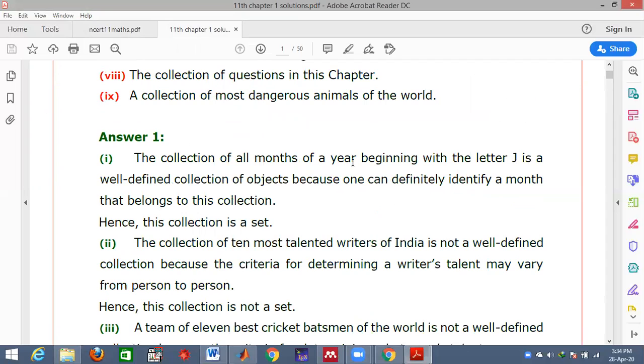The collection of all months of a year beginning with letter J is a well-defined collection of objects because one can definitely identify a month that belongs to this collection. Hence, this collection is a set.